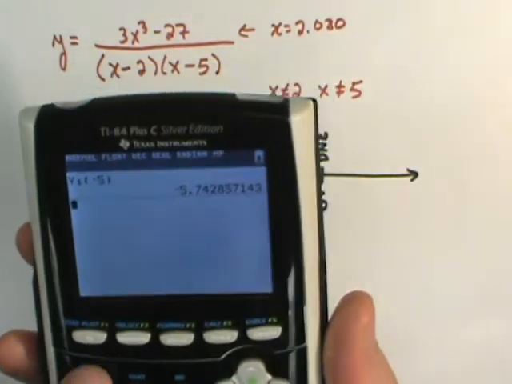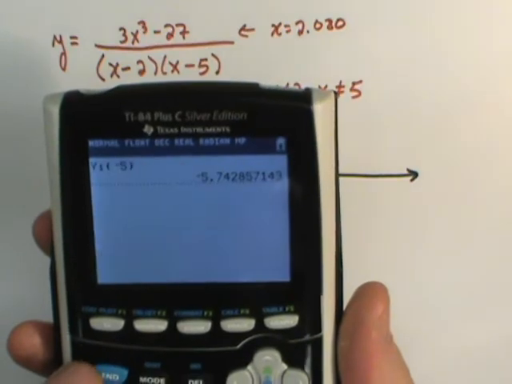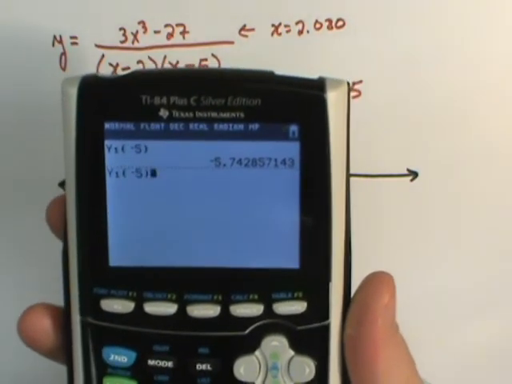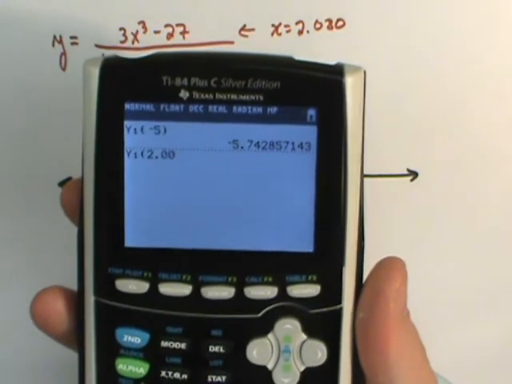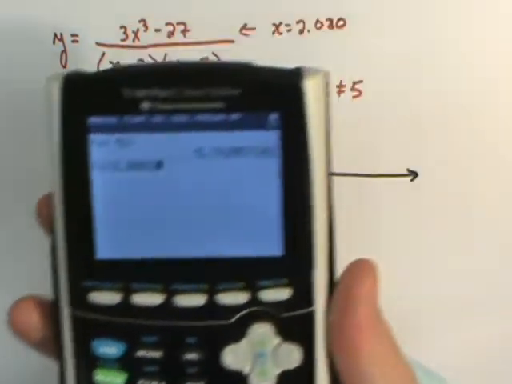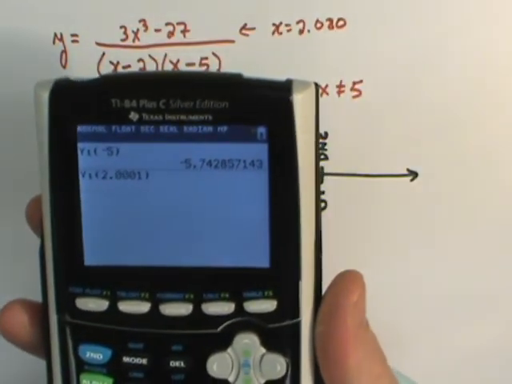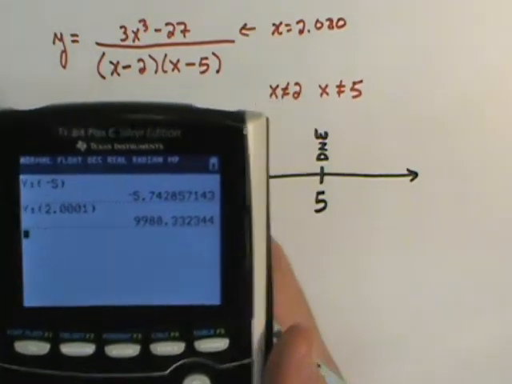That's not the easiest thing in the world to do. So when I go to my home screen, I'm going to put in something like 2.0001. I'm sure that's going to fall between those two values then. And when I do that, it gives me 9,988. That's pretty positive.